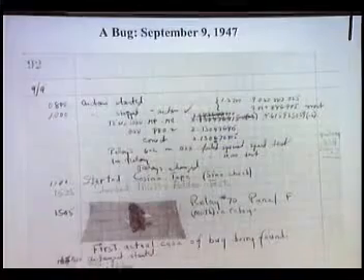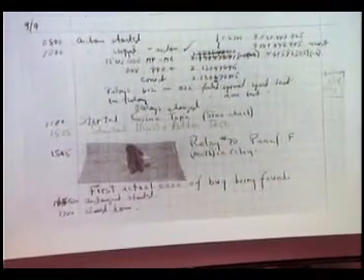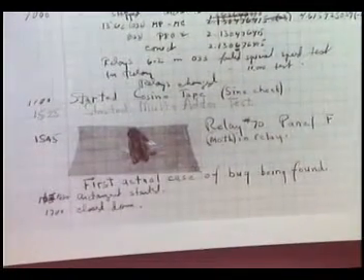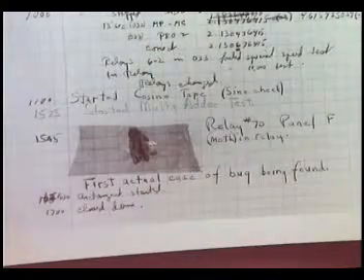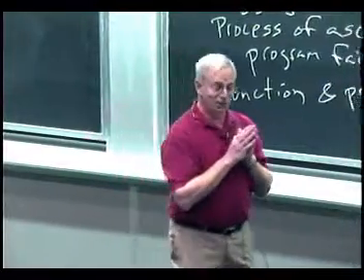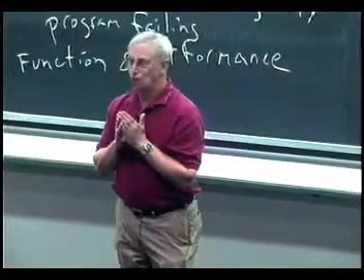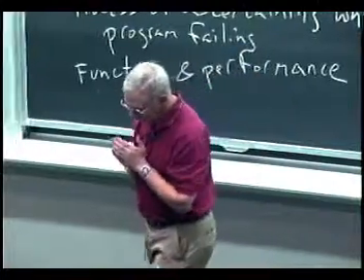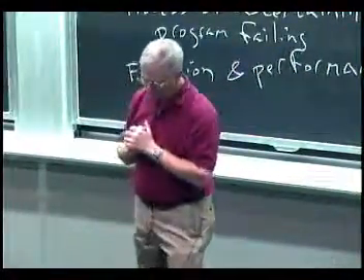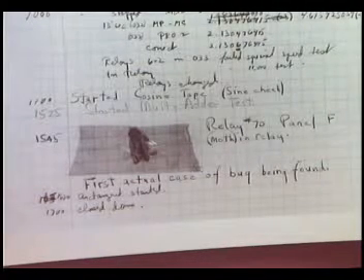In relay number 70, a moth had been trapped, and the relay had closed on the poor creature, crushing it to death. The Defense Department didn't care about the loss of a moth, but they did care about the fact that the relay was now stuck. Didn't work. They removed the moth, and the program worked. And you'll see at the bottom it says the first actual case of a bug being found. And they were very proud of themselves.